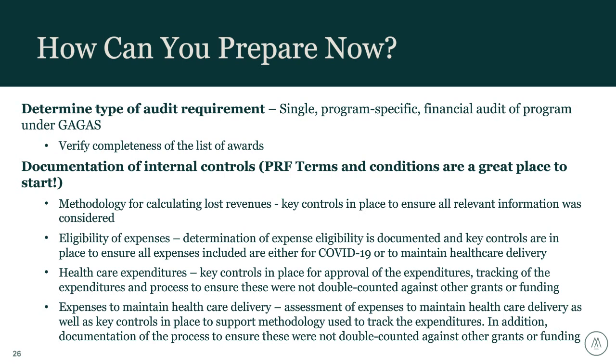Make sure there's clear documentation of the process that was in place to evaluate and ensure appropriate separation of these expenses, that there wasn't any double counting, and what the control was to ensure that didn't happen, so that when information has to be pulled together, whether for reporting or audit purposes, you have a clear trail.